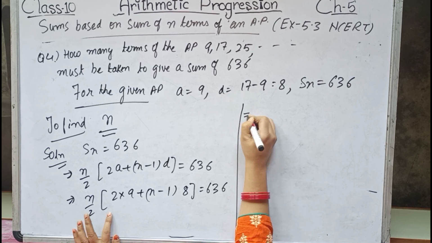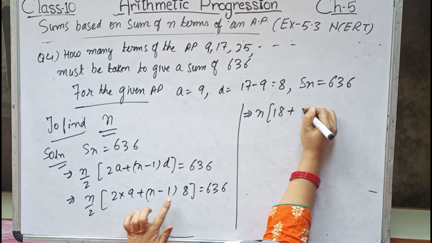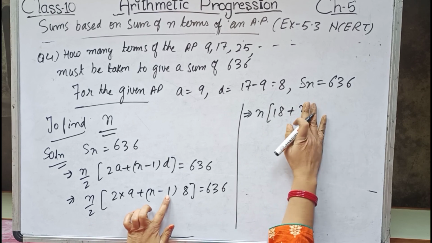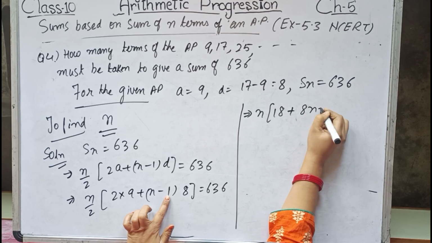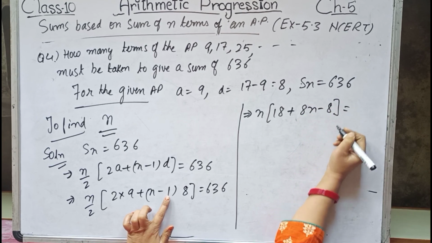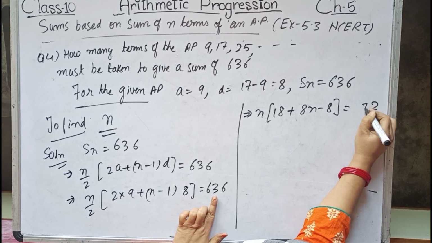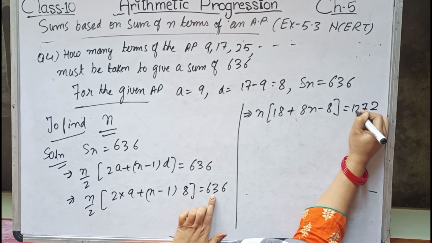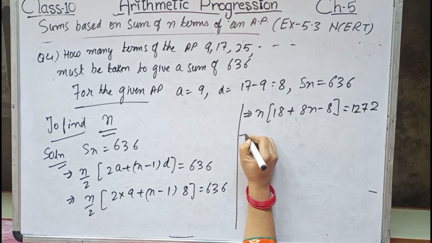This implies n into (18 plus 8n minus 8) equals 2 sixes are 12, 7 and 2 sixes are 12, 1272.